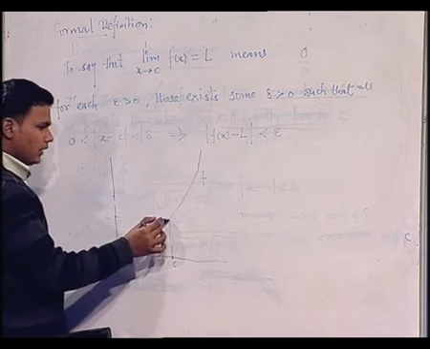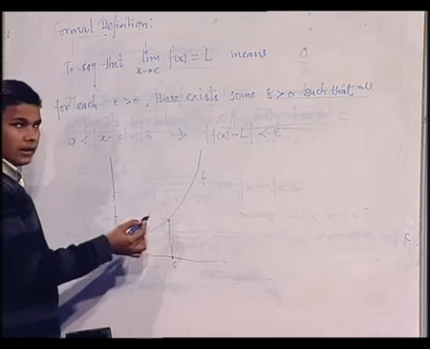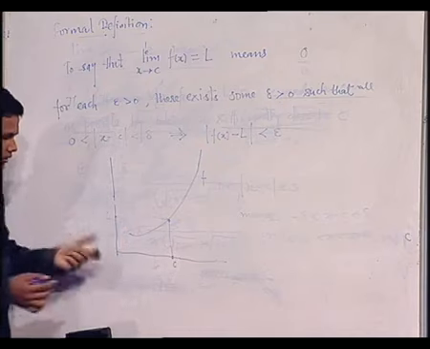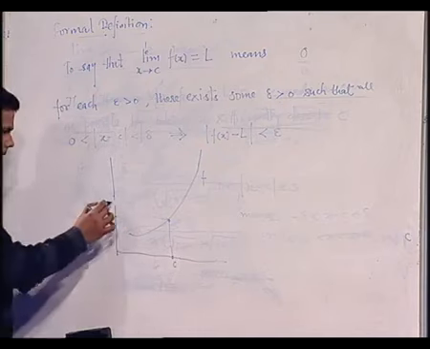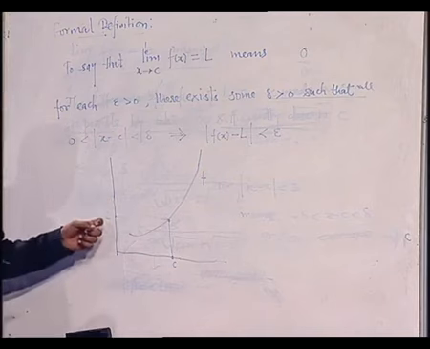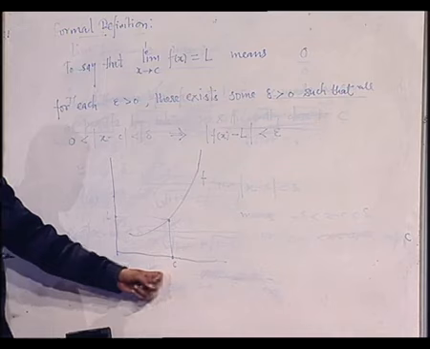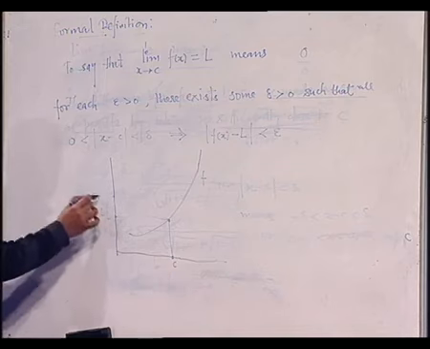We assume that the function may not be defined at this point c, and L is the limit of f at the point c.